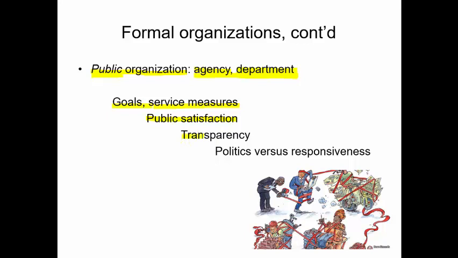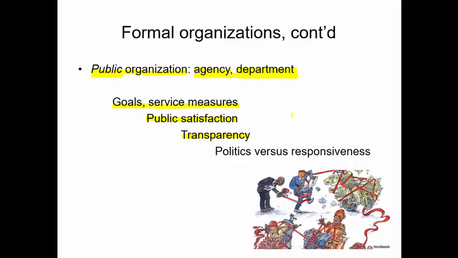Another thing that public organizations in the government have to deal with is that because they're financed by taxpayer money, we have a right to know what they're doing. We have a right to know exactly what they're spending their money on and how they're spending it. And so therefore, you're kind of operating in a fishbowl, so to speak. You're not trying to maximize your profit.